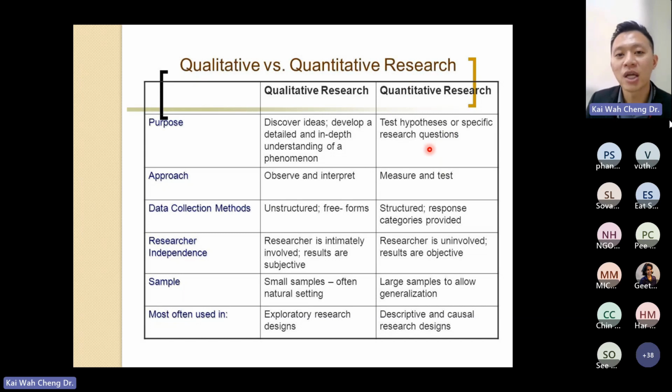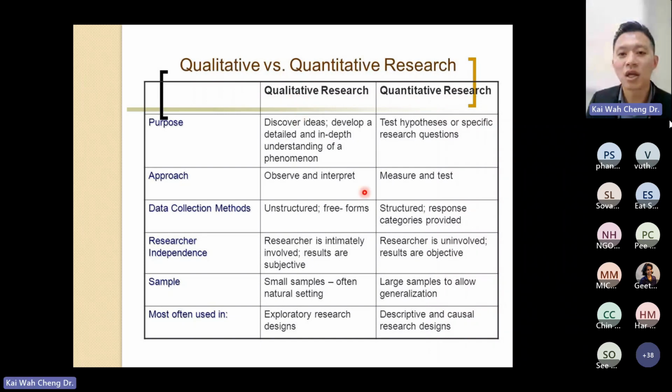However, qualitative research is used to discover new ideas, or to get more detail, or an in-depth understanding towards a particular phenomenon or situation. Then we will conduct a qualitative research.